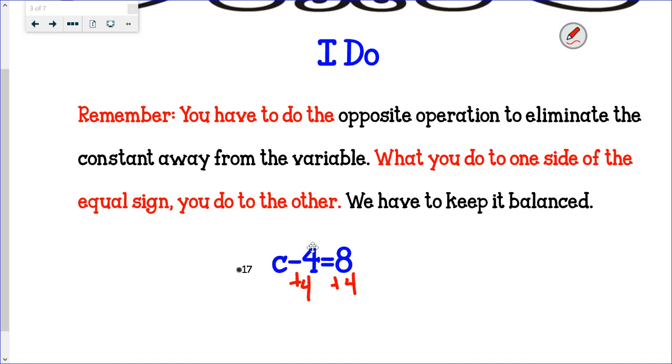So negative 4 plus 4 gets 0 on this side. So that leaves the c by itself on one side of the equals. And then 8 plus 4 is 12. And we can check our work by plugging our solution back in for c. So if we took 12 minus 4, we would get 8. And so we know that we've solved it correctly.